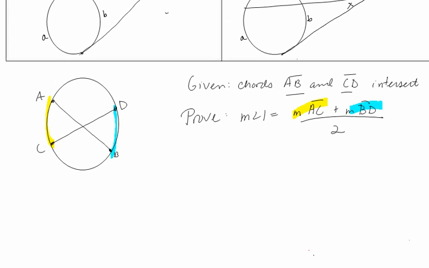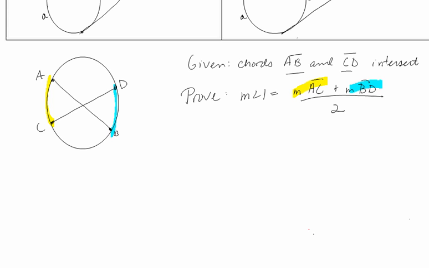Okay. Got a similar diagram here, two chords intersecting in a circle. I've highlighted arc AC created on the left and arc BD created on the right. And I'm supposed to basically prove that formula that I just showed you, the (A plus B) over 2.